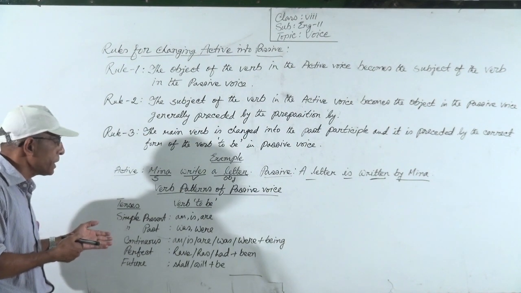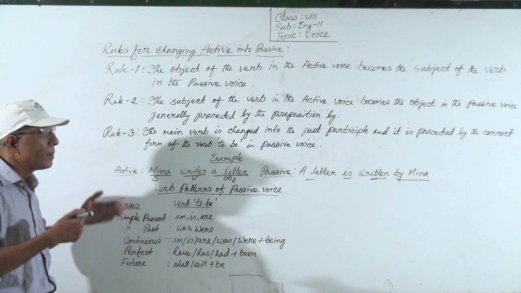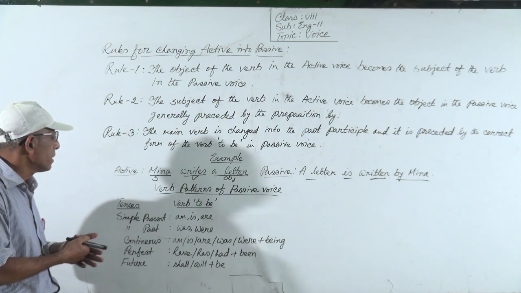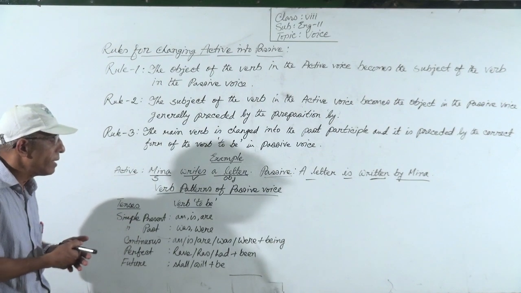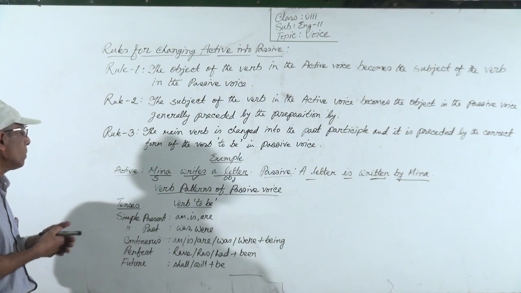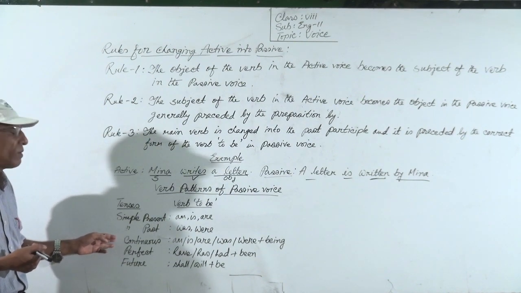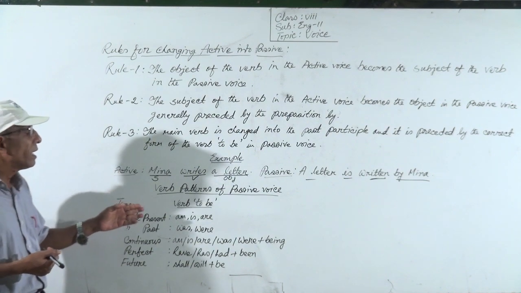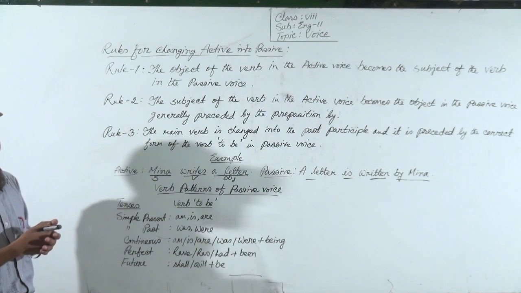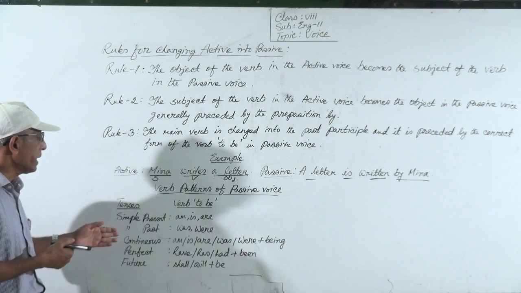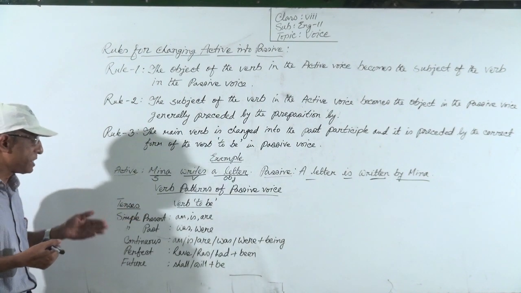If it is present continuous, then you have to use am or is or are and then being. If it is past continuous, then you have to use was or were plus being, as the to be verb before the past participle form of the main verb in passive voice.